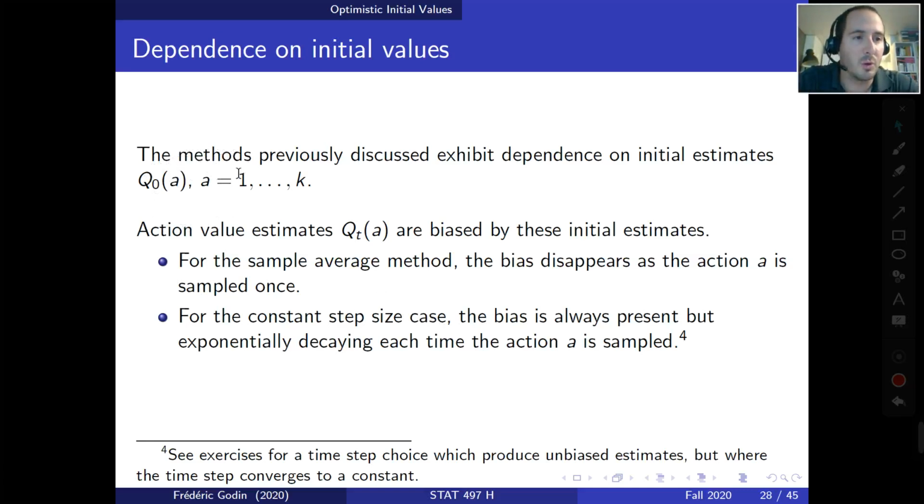Q1(A) is the initial estimate of expected rewards at time 0, before any action was selected. So the current estimates of values of all actions are biased by these initial estimates.